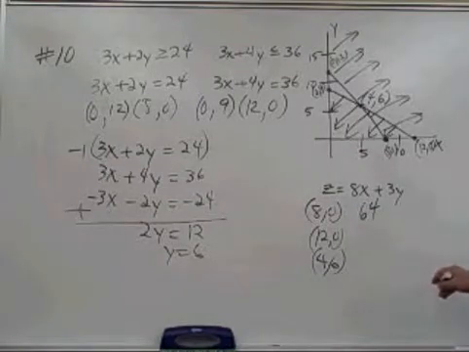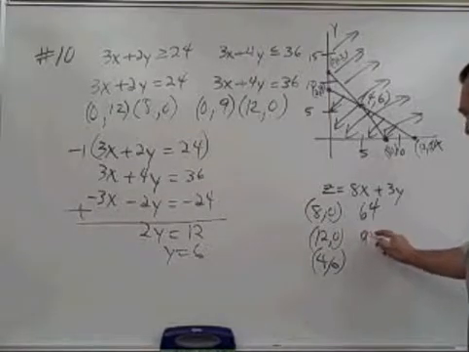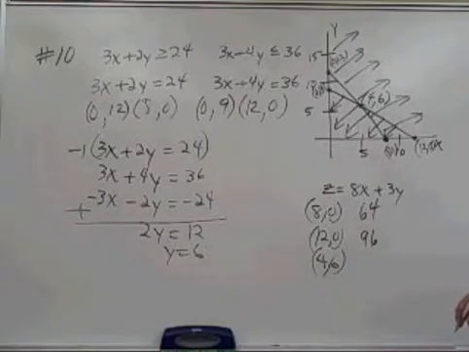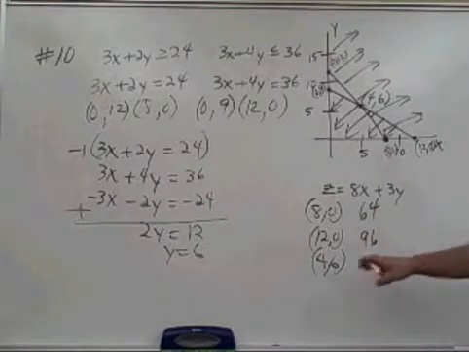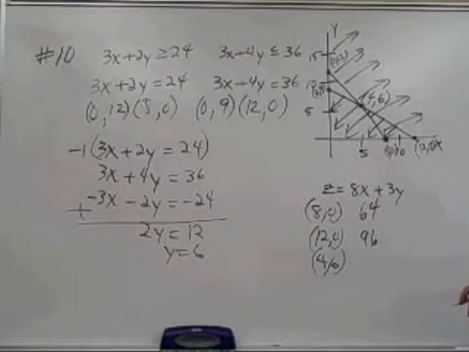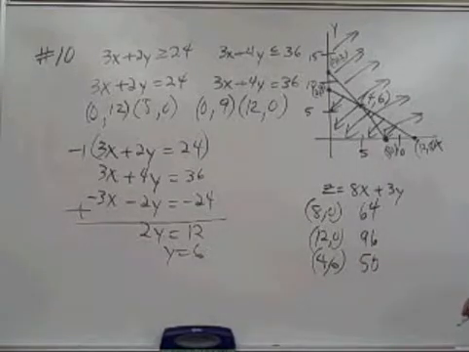At the corner point 12, 0, 8 times 12, let's see, what is that, 96? 8 times 10 is 80, 2 times 8 is 16, 16 and 80 is 96. And how about here? 4 times 8 is 32, and 3 times 6 is 18. That's a value of 50 for the objective function.